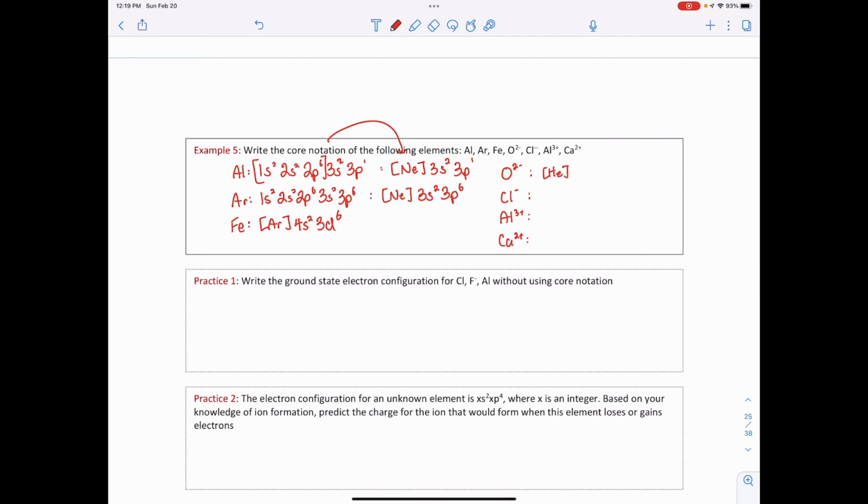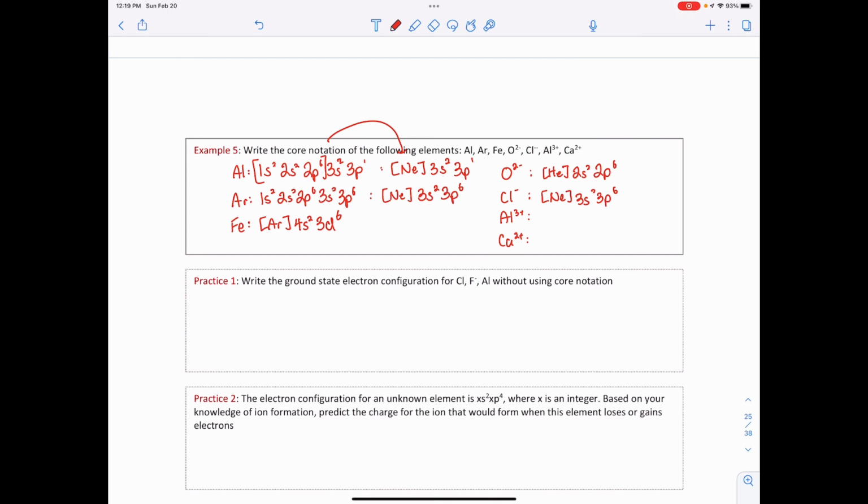And this is going to be 2s2, 2p, usually 4, but plus 2 electrons, 6. Chlorine, this is going to be neon, 3s2, 3p, usually 5, but plus 1, 3p6.